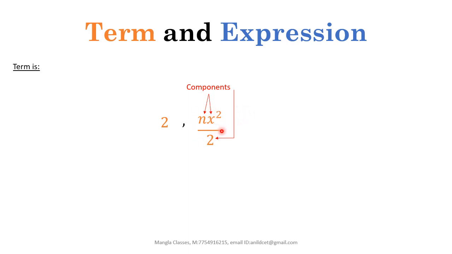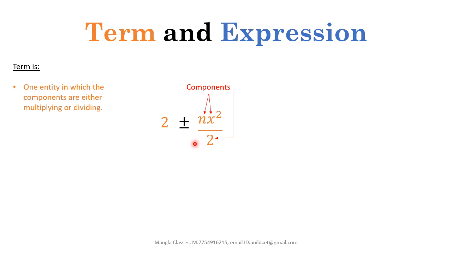These components are basically individual terms and they are multiplying or dividing each other and giving rise to another term. So what is a term? A term is one entity in which the components are either multiplying or dividing with each other. Okay. Now these two terms are not communicating with each other. Therefore, they are independent entities. But now if I put a plus sign or a negative sign, then they too start communicating with each other.